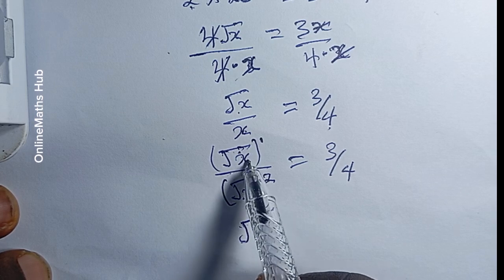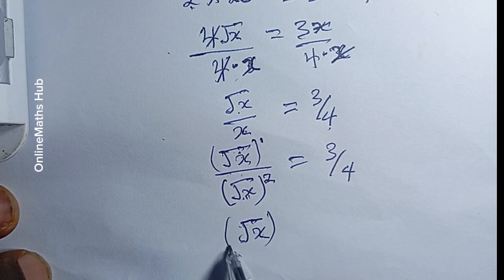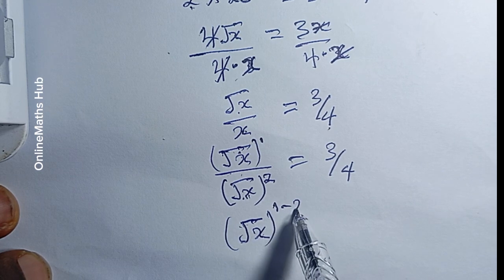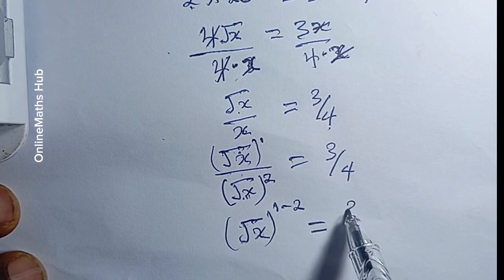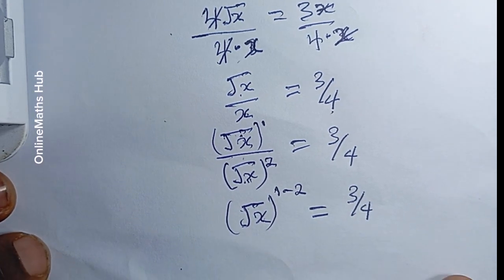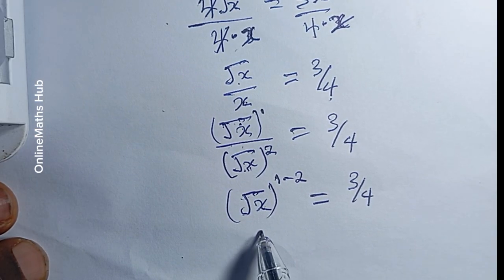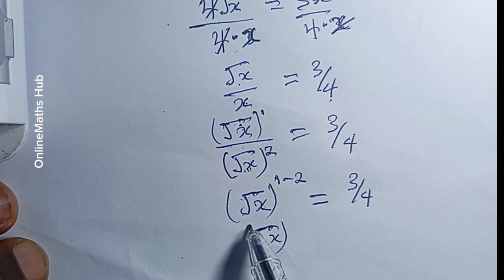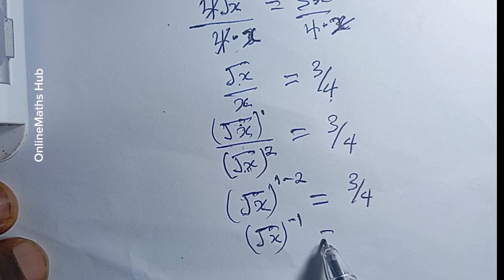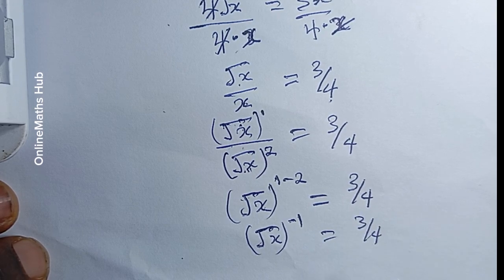So I will have root x all raised to power 1 minus 2 is equal to 3 over 4. And then moving on, what I have is root x power negative 1 is equal to 3 divided by 4.